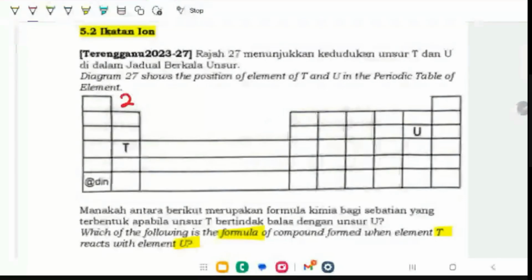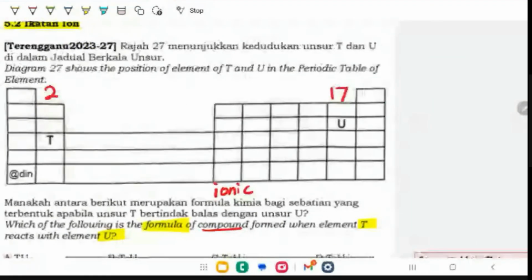This one is group 17. Right? Metal, non-metal. So the compound formed should be ionic. Ionic compound. Then, what is the formula?